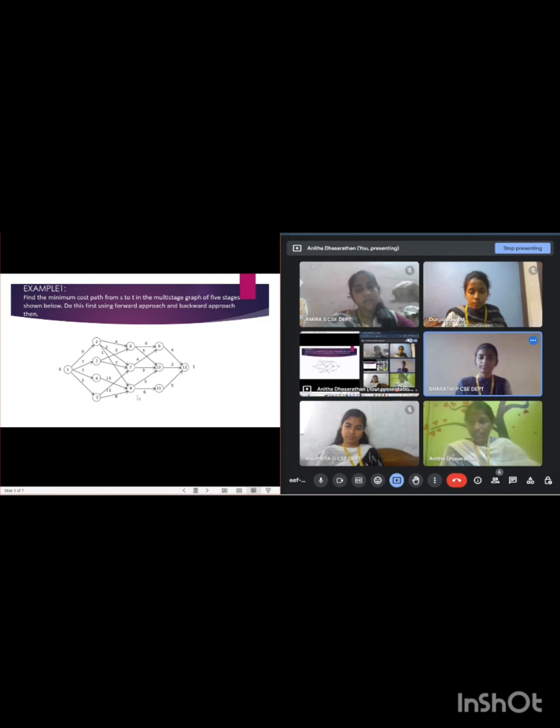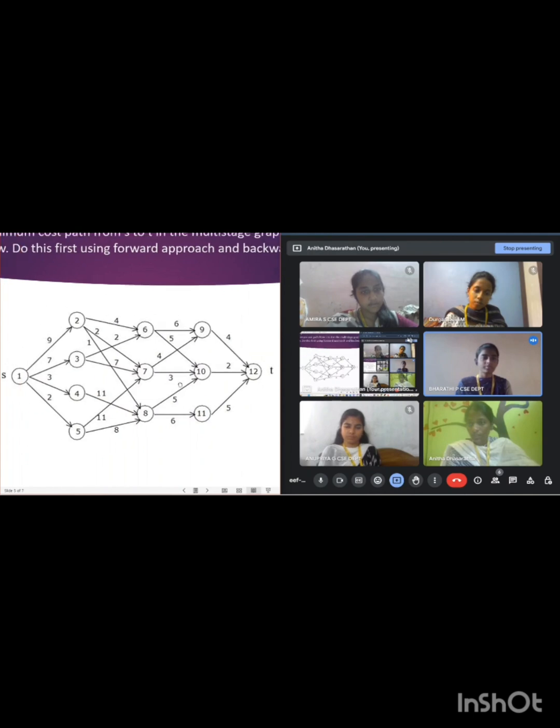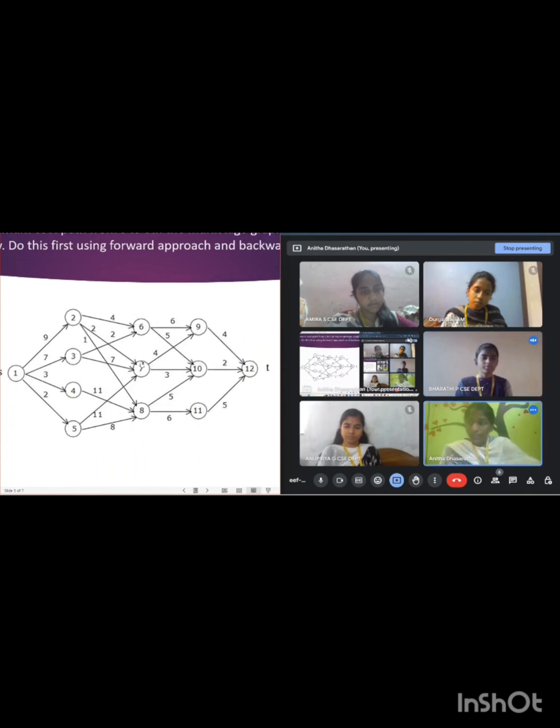And we can take this graph as a multi-stage graph. You can see in the starting stage 1, there is only one node, which is known as the source node, and in the last stage there is also only one node, node 12, marked as T. So we need to go from the source node to the destination node, and there are n number of paths to reach there, but we need to find the minimum cost path to reach the destination node.